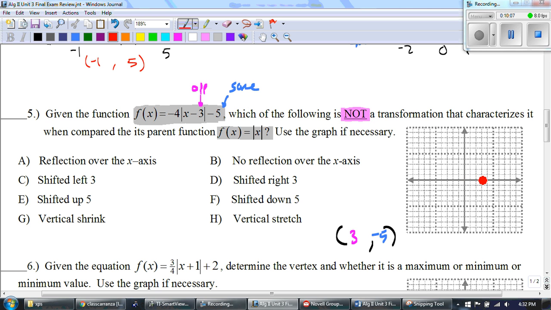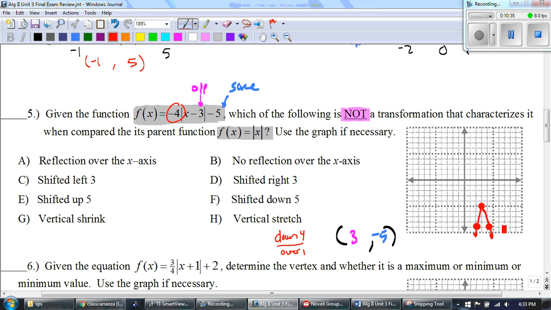So positive 3, negative 5. And then the number out front, that's telling me to go down 4 over 1. So down 4 over 1, down 4 over 1. Our graph would look something like this.